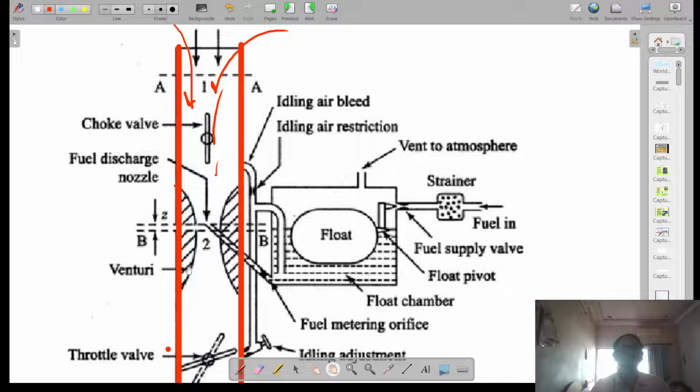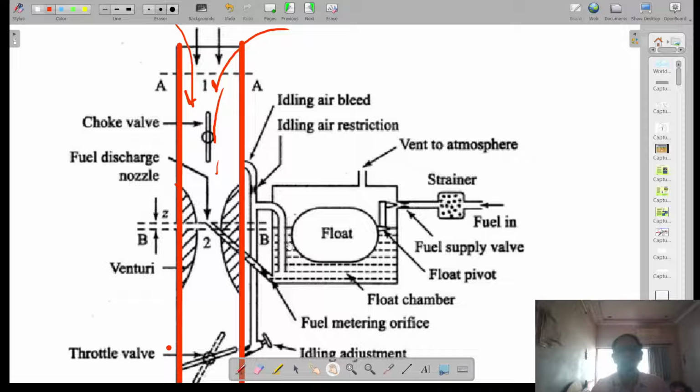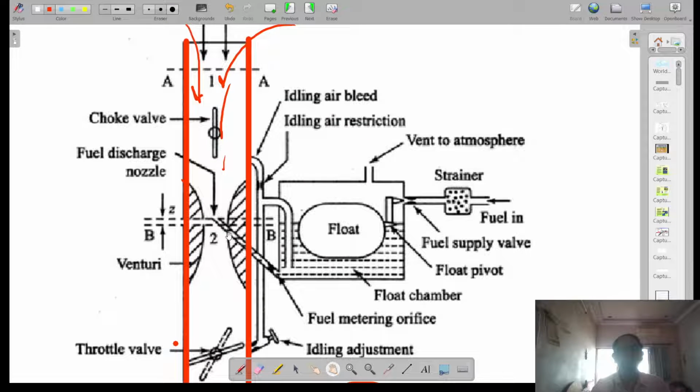Again, we have a venturi, which is the portion with less area. A pressure drop occurs here, so there is less pressure over here and more pressure over there. The fuel in the float chamber is subject to atmospheric pressure, so fuel from the float chamber comes here.